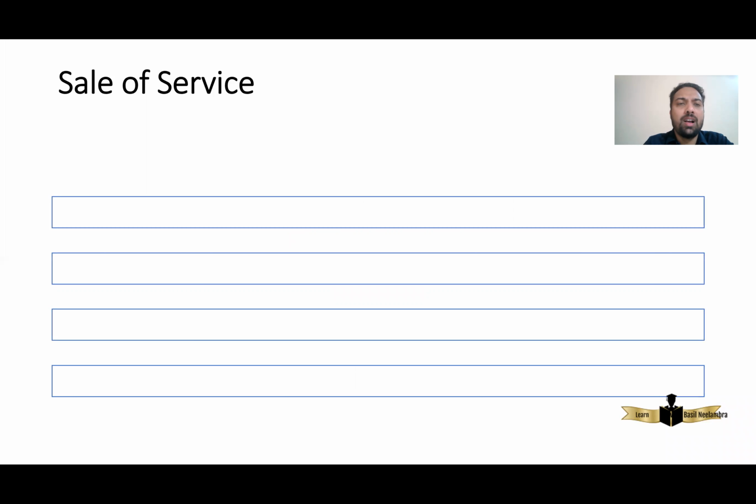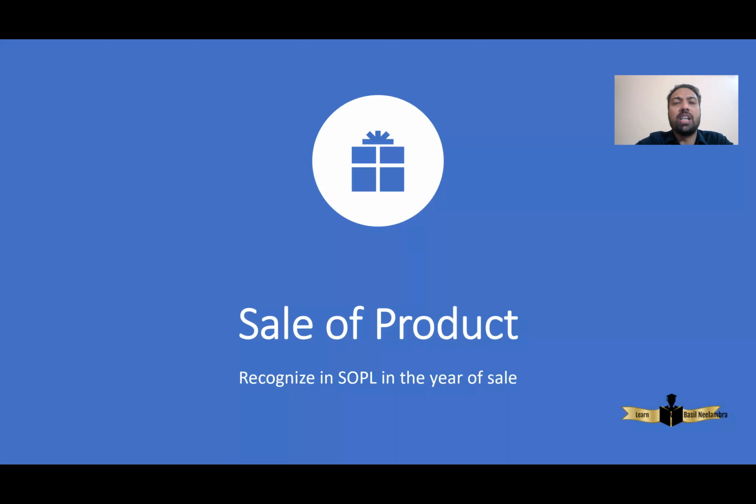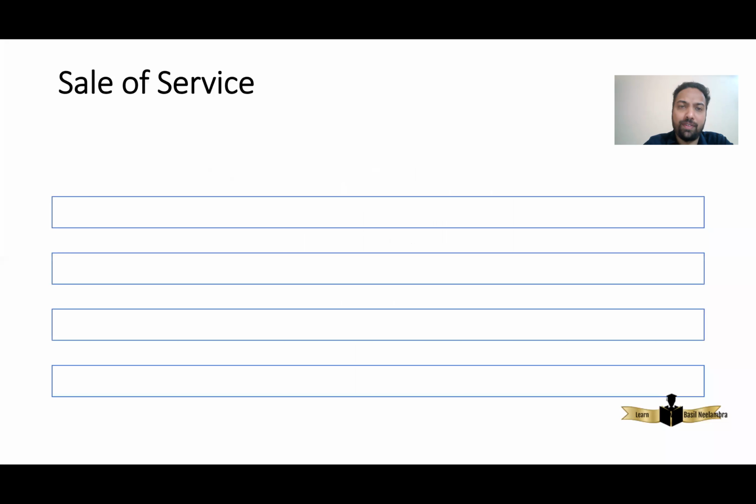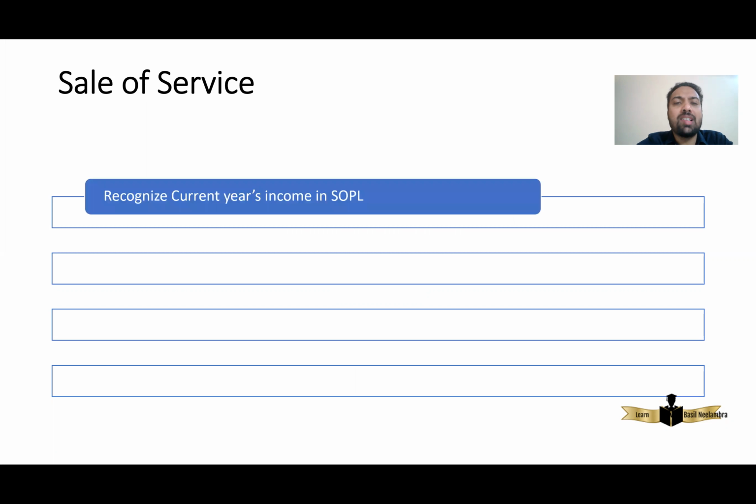So first thing, in case of sale of product, recognize the sale of product in SOPL in the year of sale itself. Now with respect to sale of service, you can recognize only current year's income in SOPL.